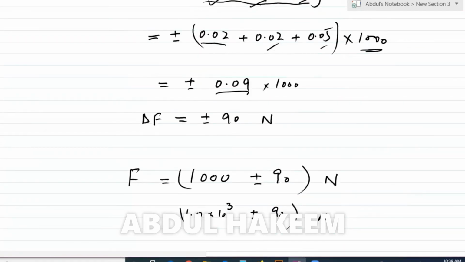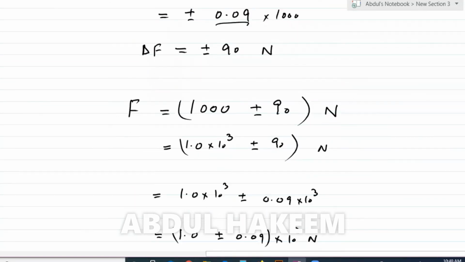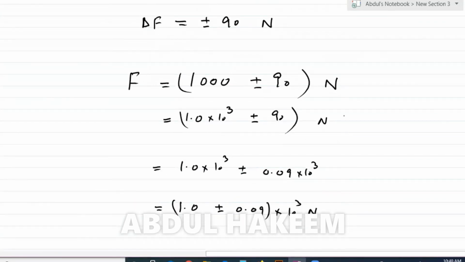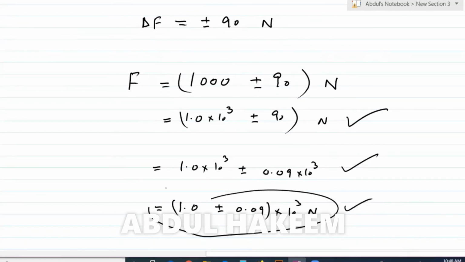Reading significance are minimum 2, so we have to write in 2 significant figures, or error in 1 significant figure. So this is a correct answer, this is correct, but this is the most correct answer.